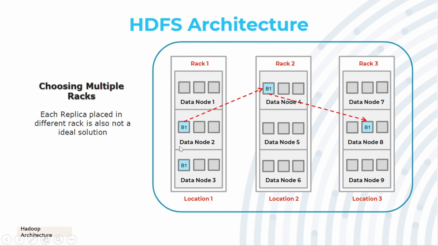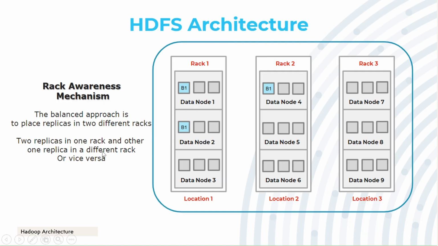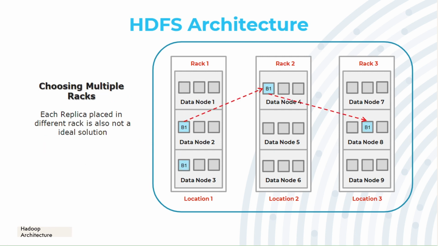It means if we place each replica at a different location, this is also not ideal, because two replicas would be in one rack and another replica in a different rack, or vice versa. Each replica placed in a different rack is not an ideal solution.